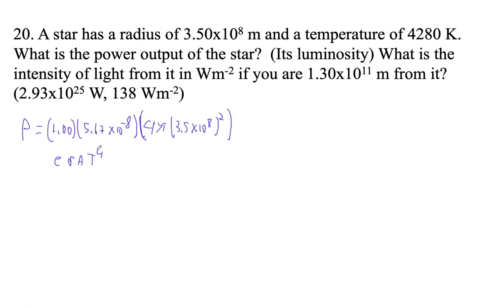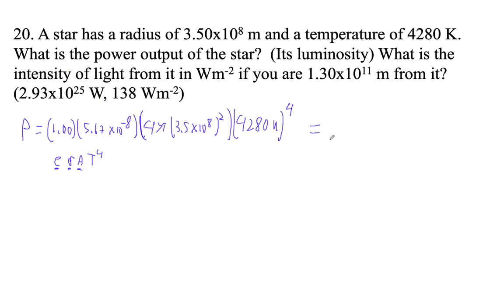Okay, so we've got emissivity, and we're just assuming it's a perfect black body radiator, so one. And then we got our area, and then we need our temperature, so 4280 kelvins, and that's to the 4th.